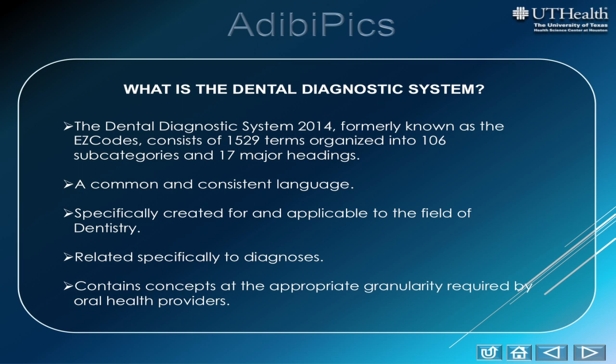It provides common and consistent language specifically created for and applicable to the field of dentistry, related specifically to diagnosis, and contains concepts at the appropriate granularity required for oral health providers.